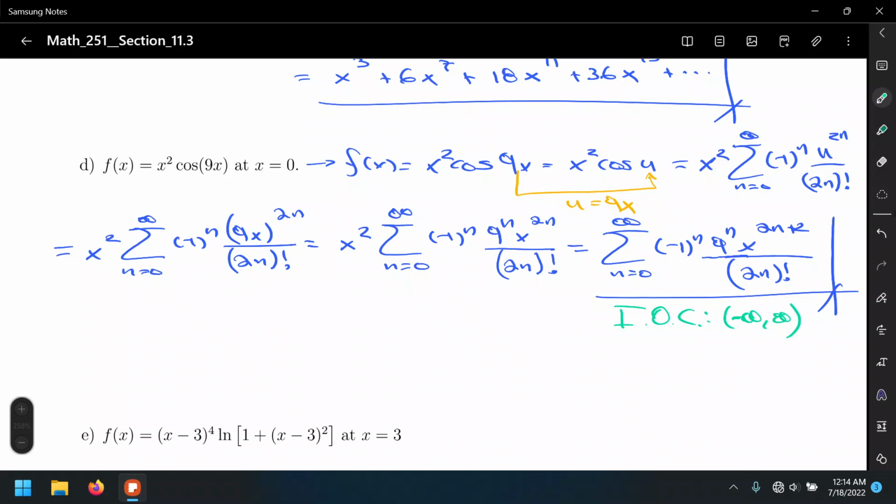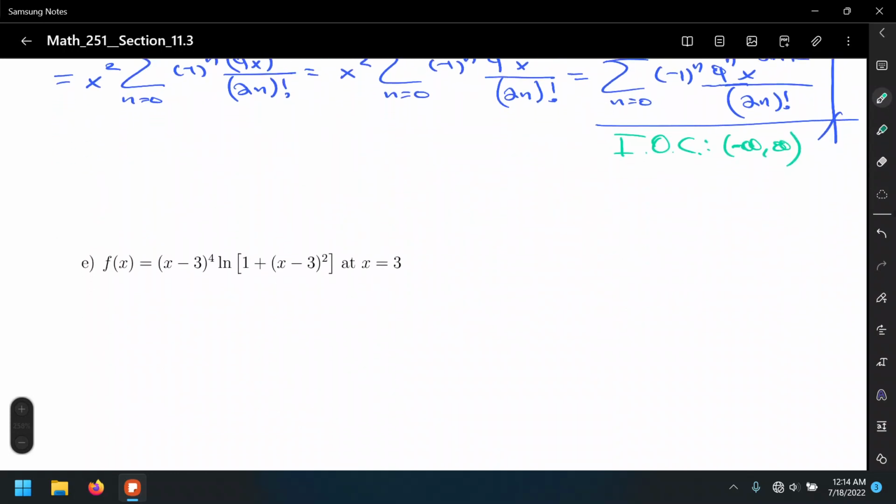And of course, in this case, I think I'm not going to do the terms expansion. So ultimately, the most important is how to get the sigma notation for this. Obtaining a few terms, I will just leave it as an exercise to you.